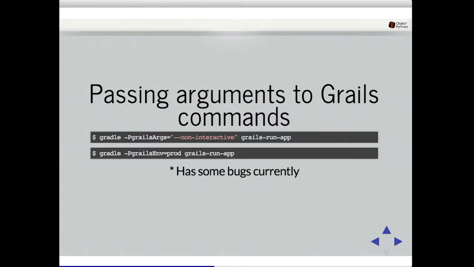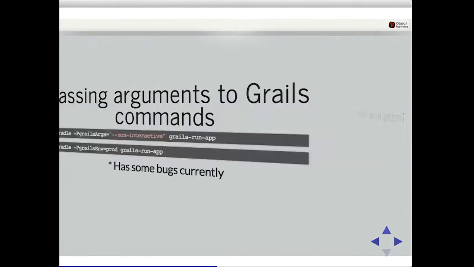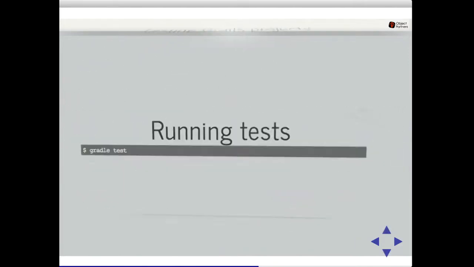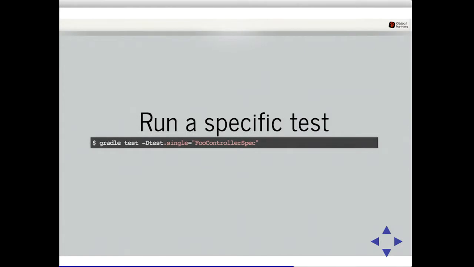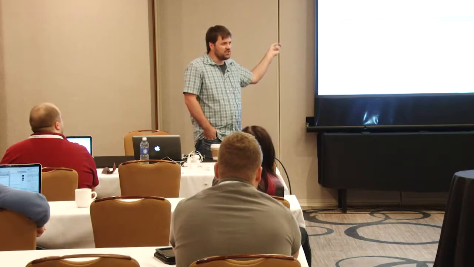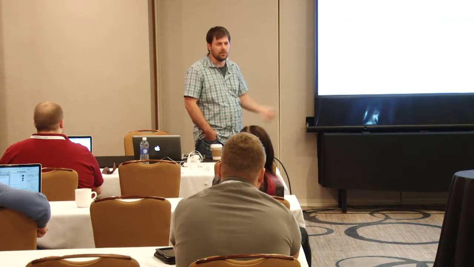They won't respond to those two, but the test task, the actual type of that class, is wired to look for this Gradle property, test.single. So that's built into the test type and only that. If you do this to the run app task, it won't do anything. But I just wire this in because it's a nice convenience for people to be able to execute one-off tests instead of the whole suite.